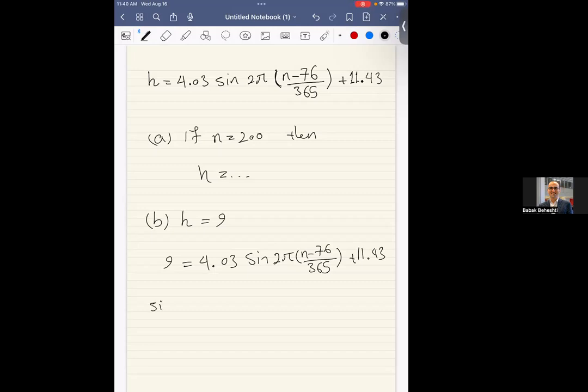So that means sine of 2 pi times n minus 76 divided by 365 equals 9 minus 11.43 divided by 4.03.